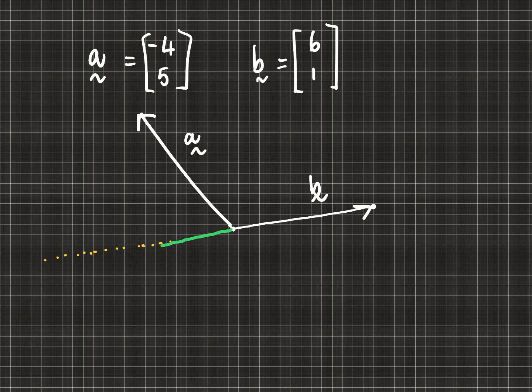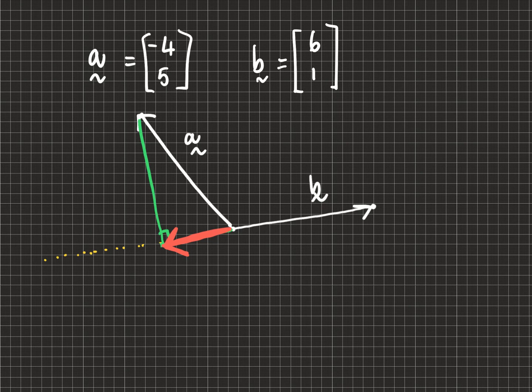It's going to be just a negative amount of B, isn't it? And then I need to, at some point, go up at a 90-degree angle in here. So the projection of vector A onto vector B is this bit here, and we use our formula to find out exactly what that vector is.